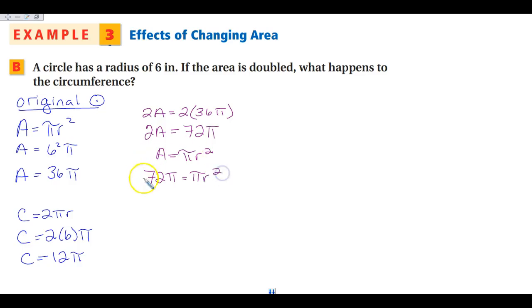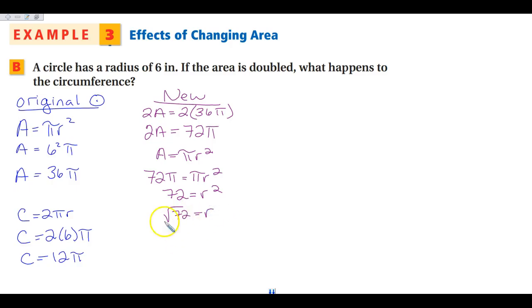Okay, so this is me here. We're solving for what the new radius is when that area is doubled, for our newer figure. So we divide both sides by pi. We get 72 is equal to r squared. Again, we square root both sides.